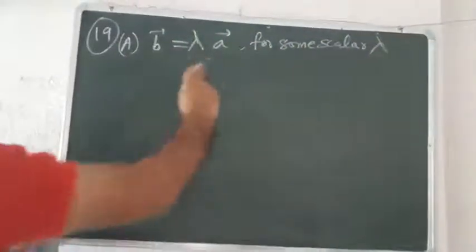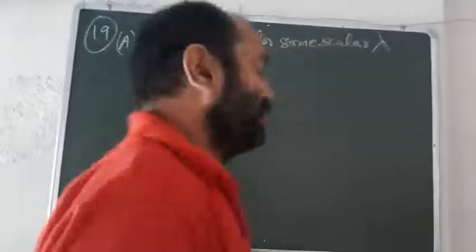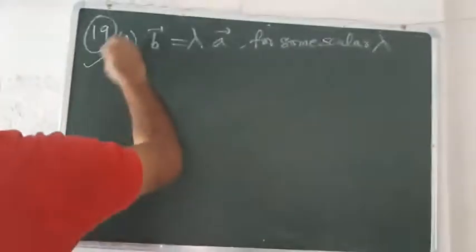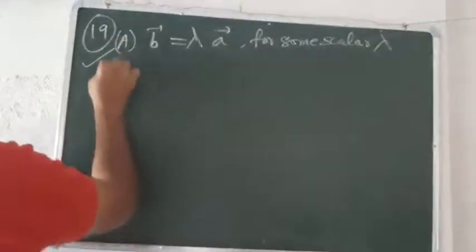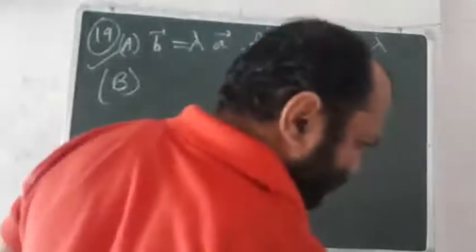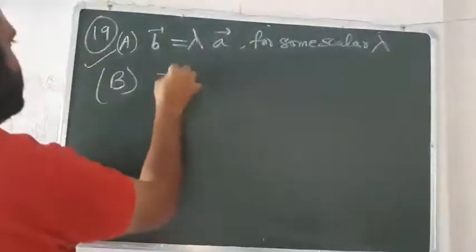Beta ji, this is the condition of collinearity, as I have told you, that one is a scalar multiple of the other. So this is the correct one.